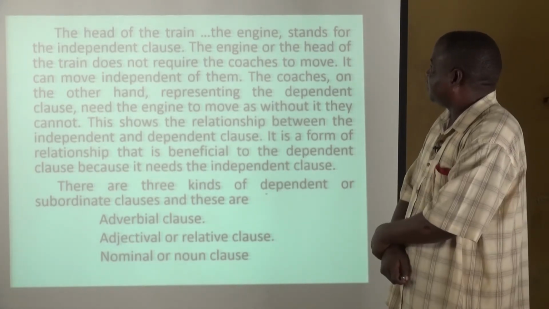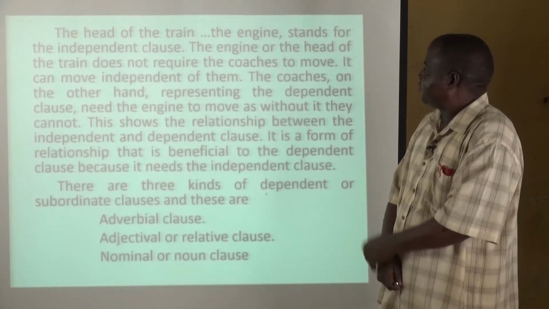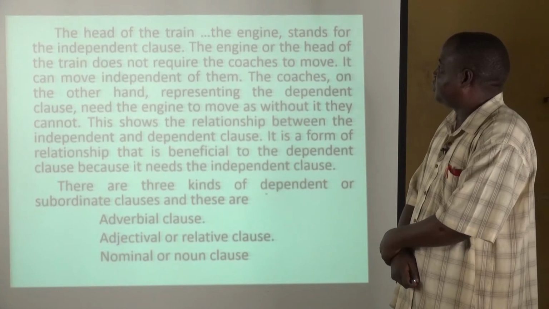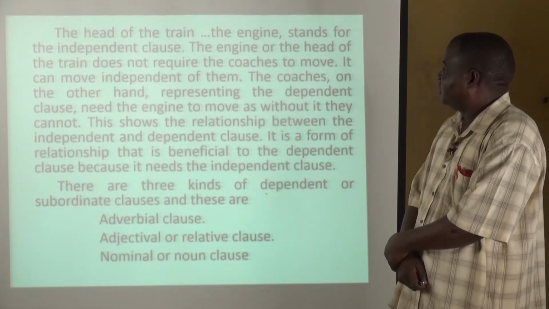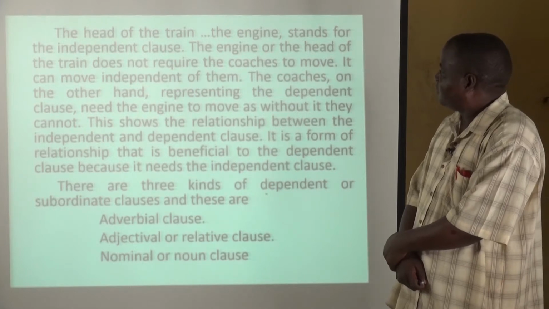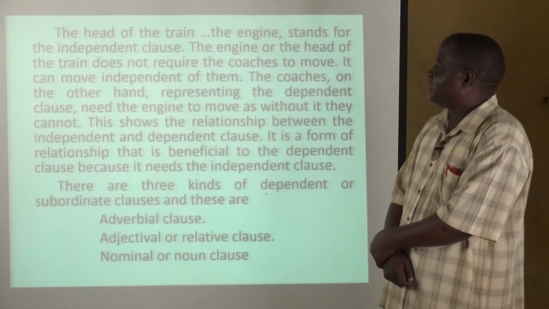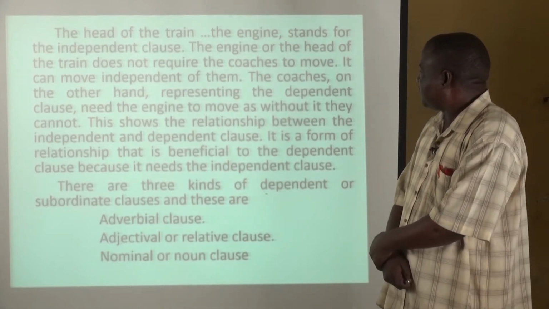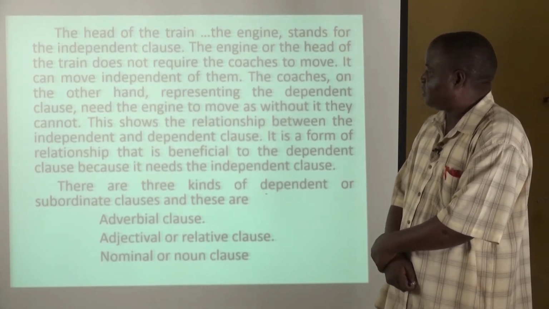Now this explains what we saw in the diagram above. The head of the train, that is the engine, stands for the independent clause. The engine or the head of the train does not require the coaches to move. It can move independent of them. The coaches, on the other hand, represent the dependent clause. They need the engine to move, as without it, they cannot.